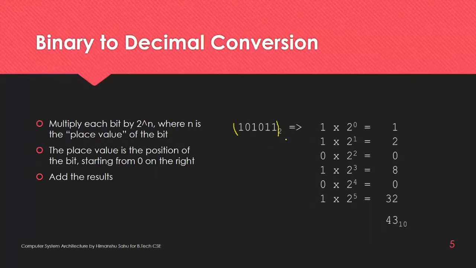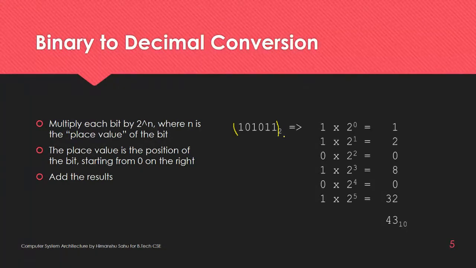If there is no base, treat it as decimal only, unless the base is mentioned like this, or in some textual way, like a number is given in binary 101011. Only then consider it binary. Otherwise, it will be a decimal number. Okay, so this is a binary number because the base is mentioned over here.